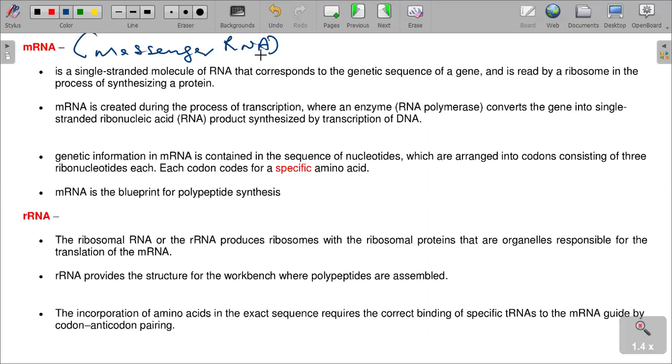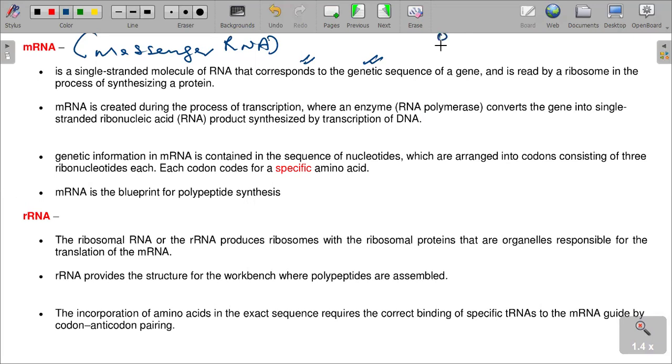It's a single-stranded molecule of RNA that corresponds to the genetic sequence of a gene. Anyway, RNA is naturally a single strand, which corresponds to the genetic sequence of a gene and is read by the ribosome in the process of synthesizing proteins.